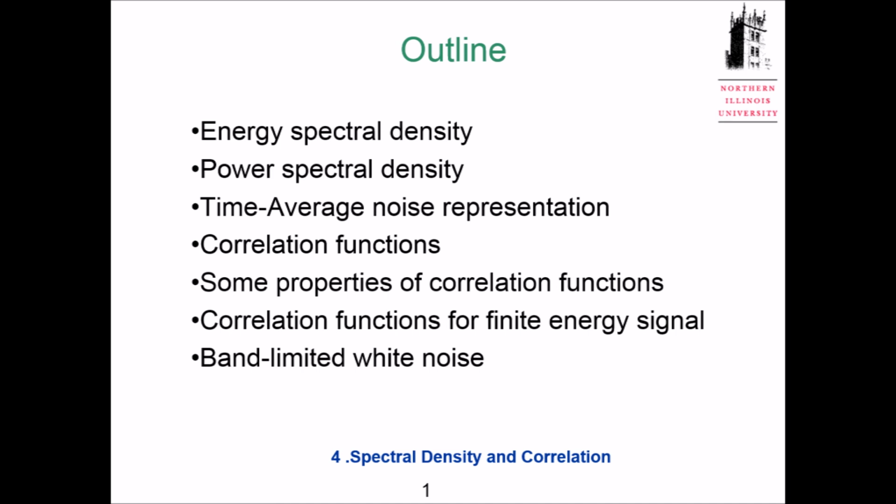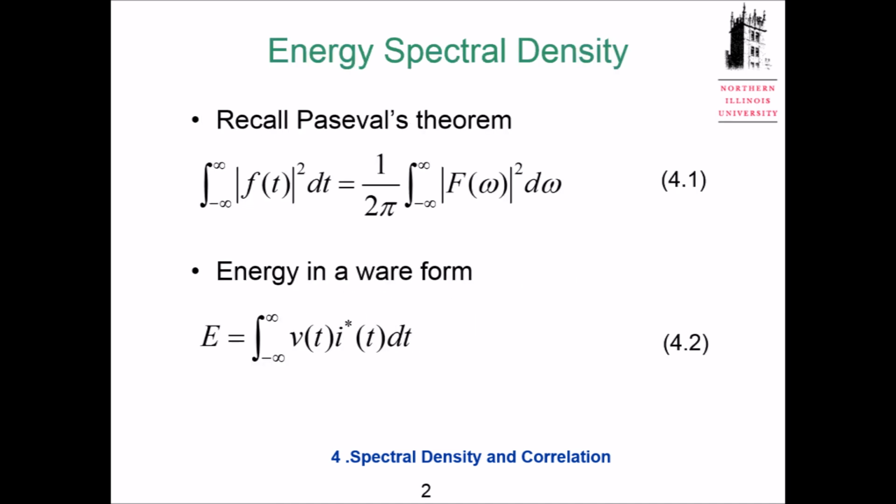Okay, so we start with spectral density. Number one, for energy signals. We just finished this one, the transfer theorem in chapter 3. We can find a signal's energy in time by doing the time domain integral. It also can be calculated in the frequency domain, using the magnitude square of the Fourier transform.